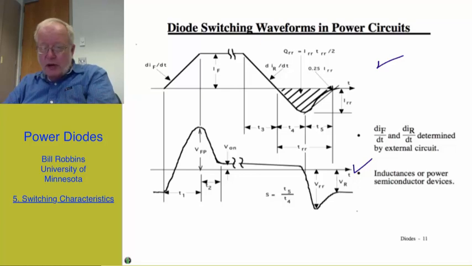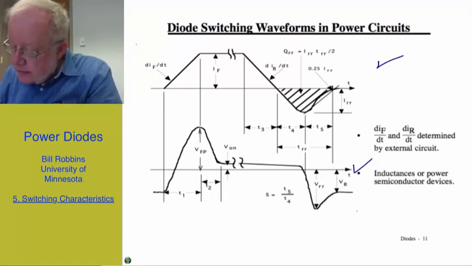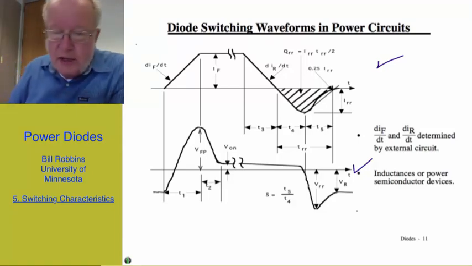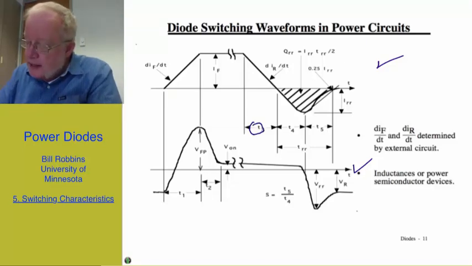So it takes a time t1 for the current to ramp up to the forward on-state value. It is then maintained in the on-state for the desired period of time, and then it begins to turn off. The diode current turns off at a fixed rate dI_R by dt, again set by the external circuit. It goes from the maximum forward value down to 0 in a time t3, and then goes from 0 to a maximum negative value in a time t4.